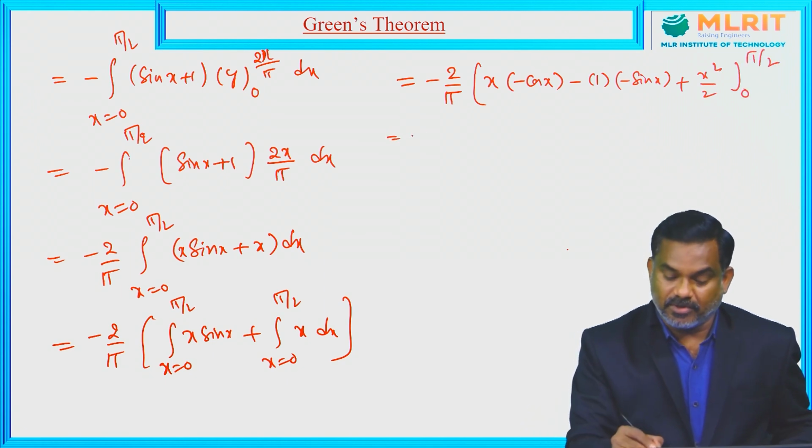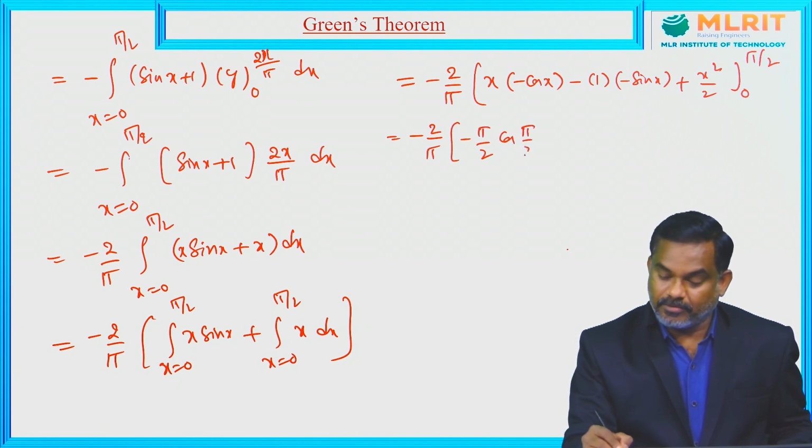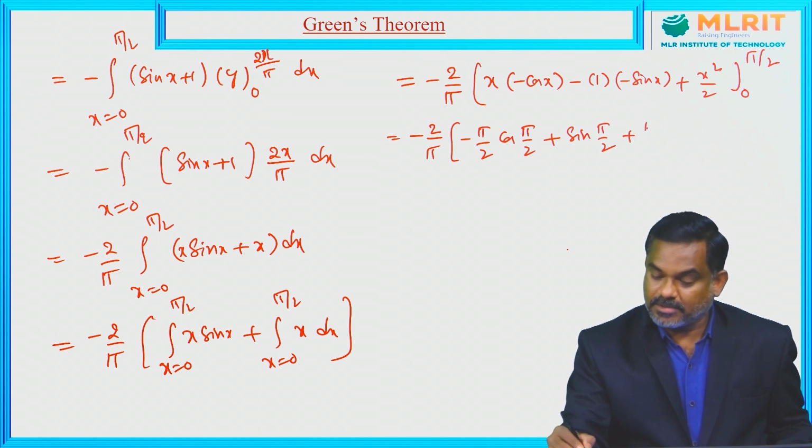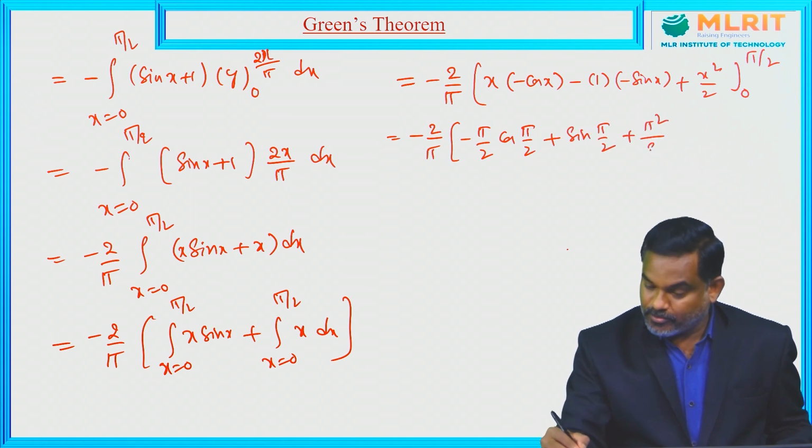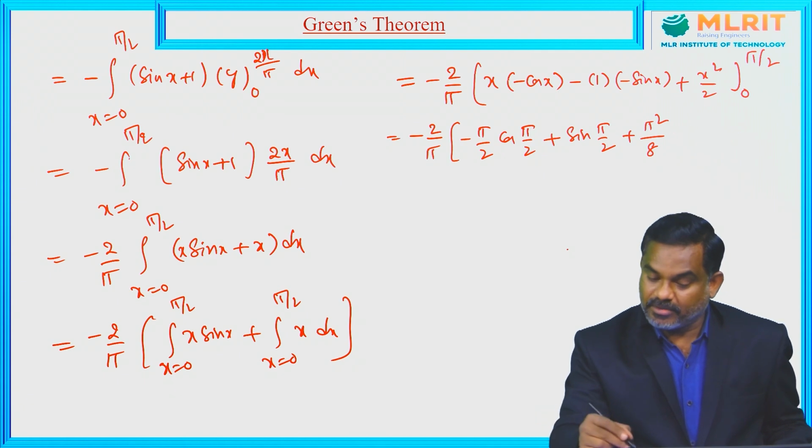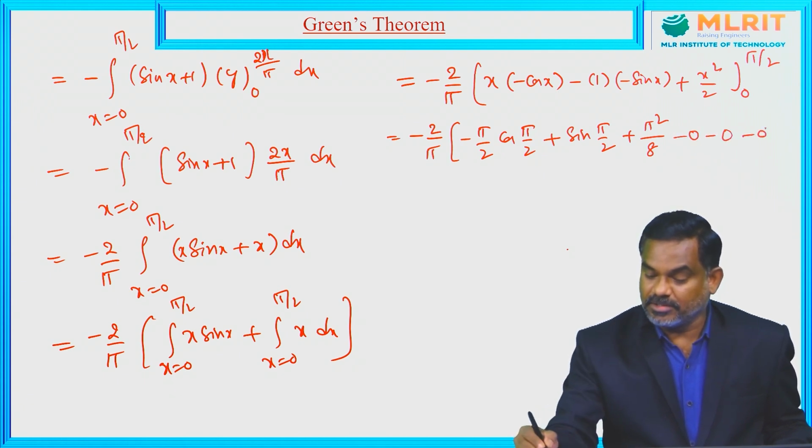So this is equal to minus 2 by pi into upper limit, so minus pi by 2 cos pi by 2 plus sin pi by 2 plus pi square by 4 into 2, that is 8, and lower limit here 0, and again here sin 0 is 0.